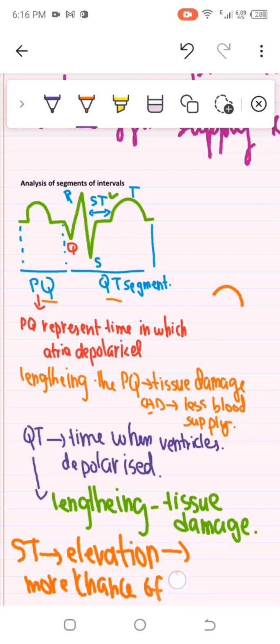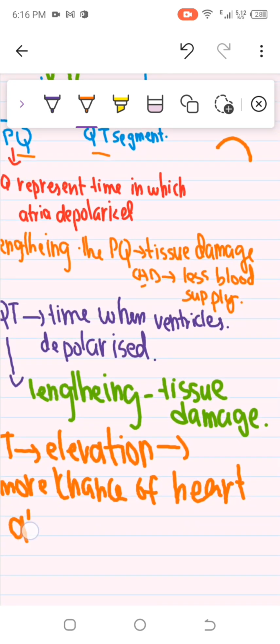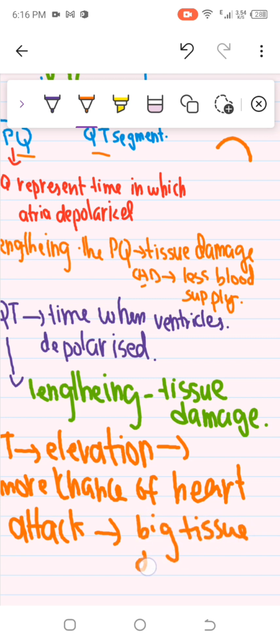The big tissue dies when ST elevation takes place. ST elevation means more chances of heart attack, and actually the big tissue is damaged.